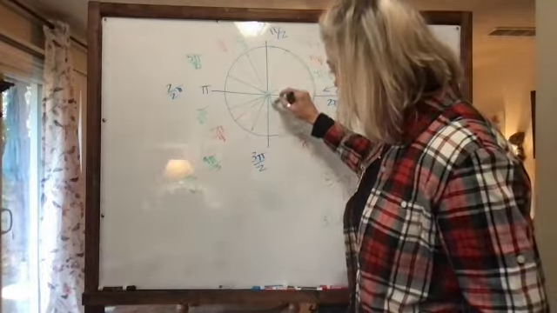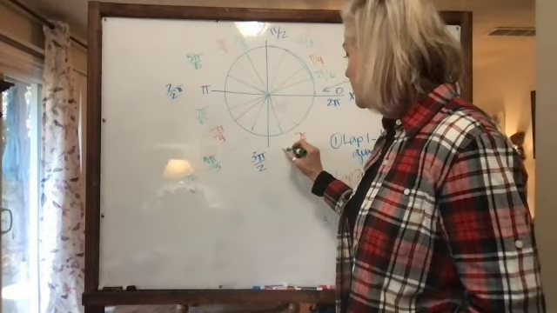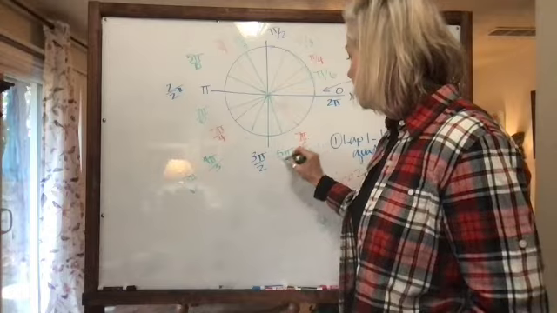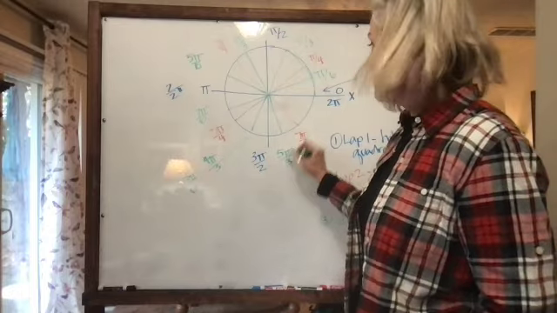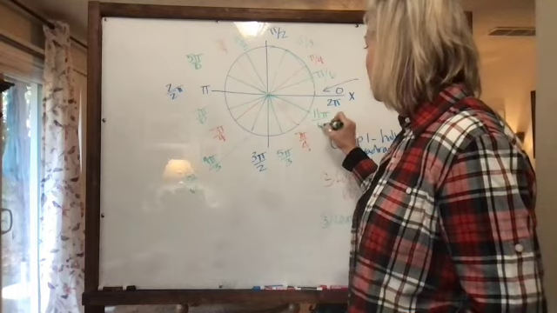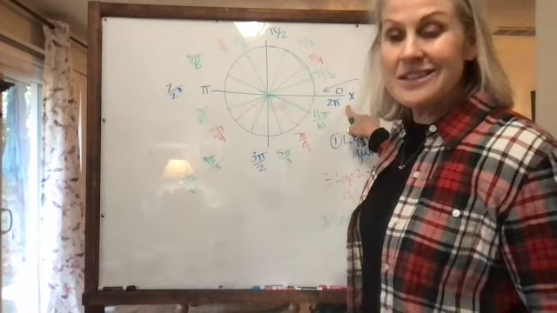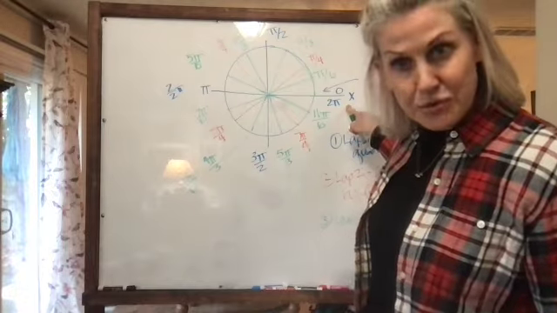Cool. That means this is 10/6, which is 5/3. 11 pi over 6. And we're back to 12 pi over 6. 12 over 6 is 2.